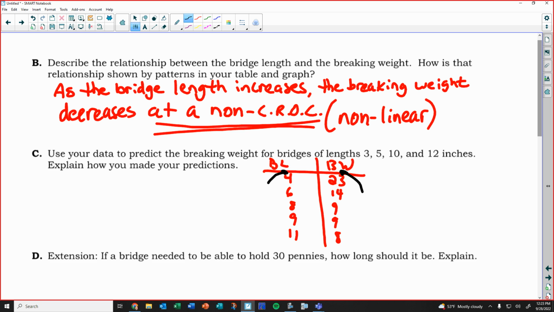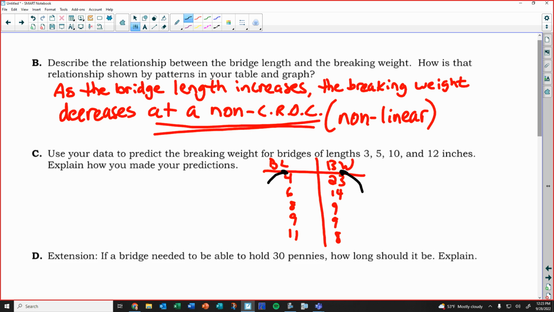So you probably picked some number that was above that number. Whether you went up 9, like this decreased by 9. So whether you went up by 9, up by 10, it's hard to kind of pick a pattern because there's no pattern to this. But most of you, I'm sure, kind of guessed some kind of a number bigger than what you started with, right? Your bridge breaking weight, right? Because the smaller the bridge, what should theoretically happen? The more pennies it should take, right?